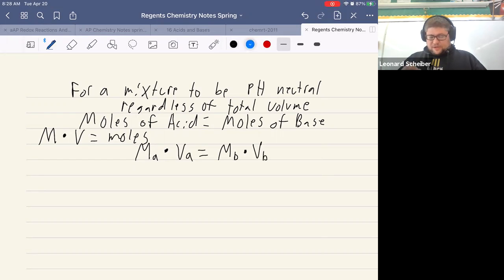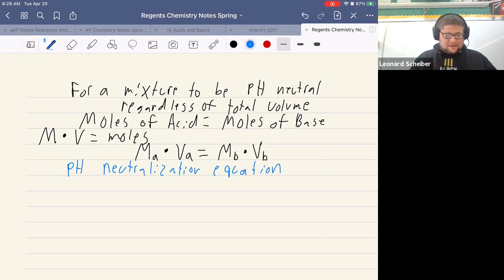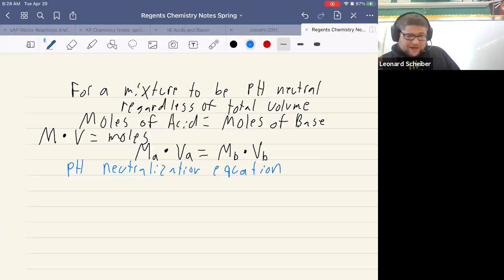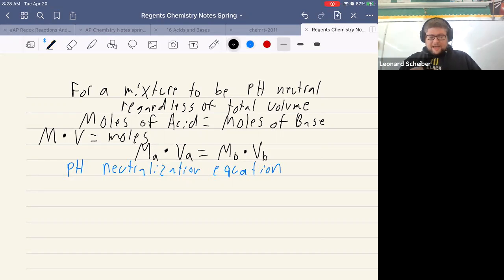And this is our special pH neutralization equation. This will help us calculate how much volume or what molarity we need for each of these substances to make it neutral. Cool equation, right? Let's apply it.